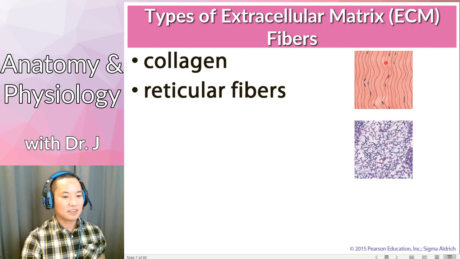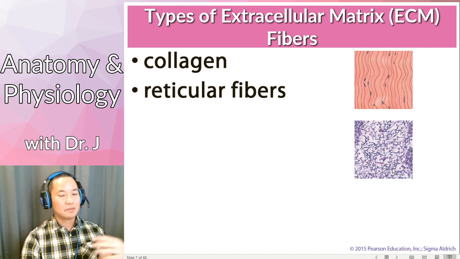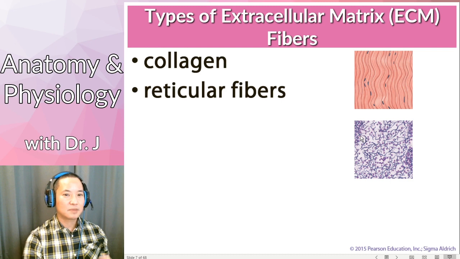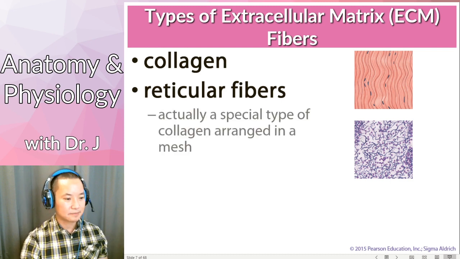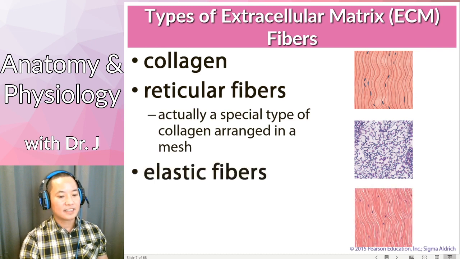Notice that they're not all in a line, somewhat parallel to each other. They're crisscrossing in 2D, at least in this picture, but in reality in your tissues, reticular fibers are a special type of collagen linked into a 3D meshwork. We'll get more into that later. Then there are elastic fibers, and I did cover that protein called elastin.